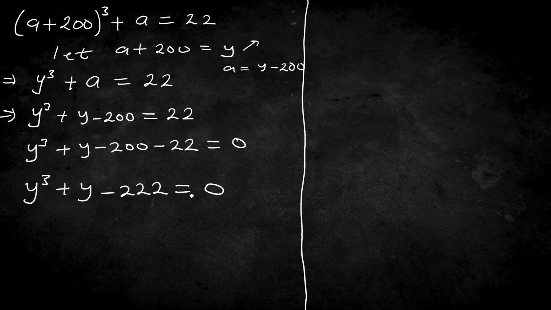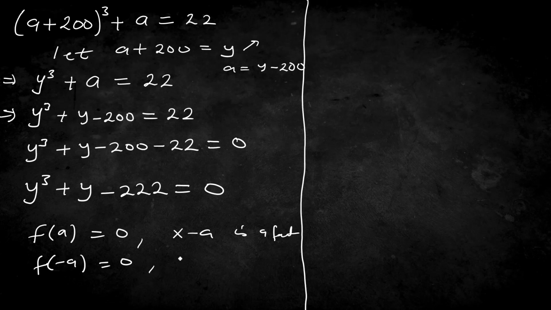So let's solve for the first factor here using the factor theorem. If f of a equals 0, it means x minus a is a factor. If f of minus a equals 0, x plus a will be a factor of that. Okay, so let's do trial and error.